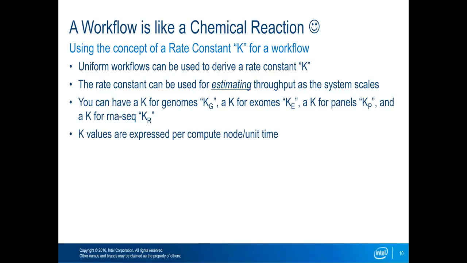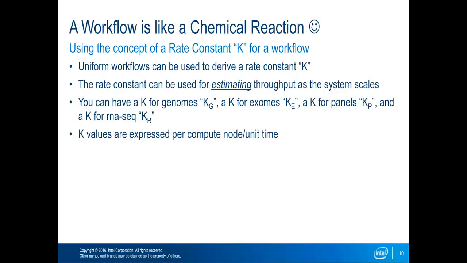You could derive a rate constant that is characteristic of that particular workflow, just as a use in estimating systems. It's obviously not going to be super precise, but it is a good way to estimate how to scale your system. So you can run a genome workload, an exome workload, a gene panel workload, or an RNA-seq workload, and you can come up with constants that will help you understand how to build your system.